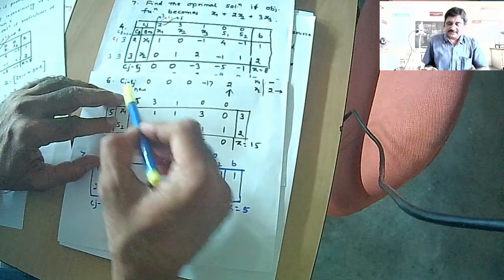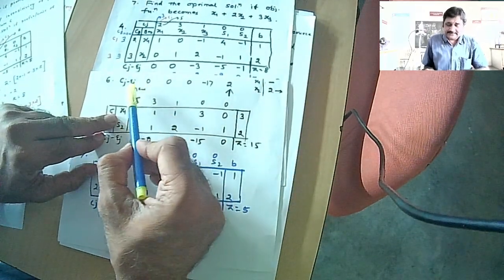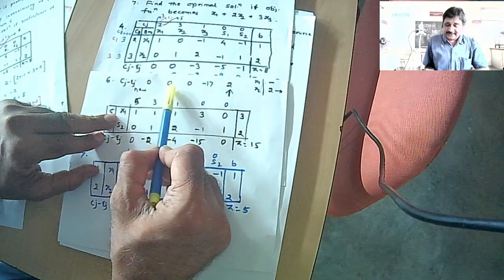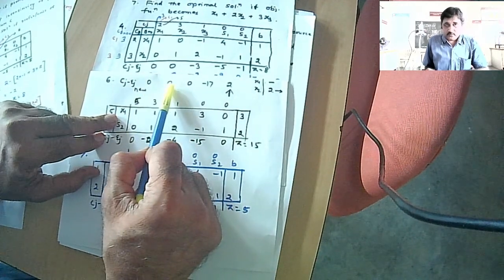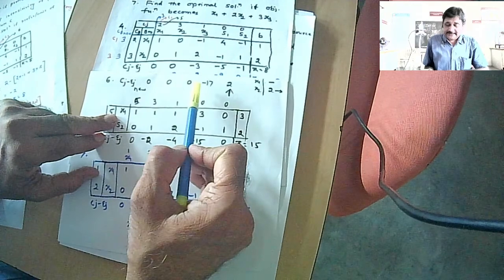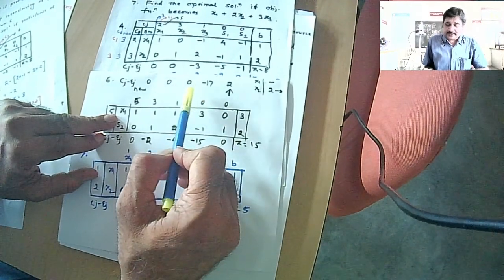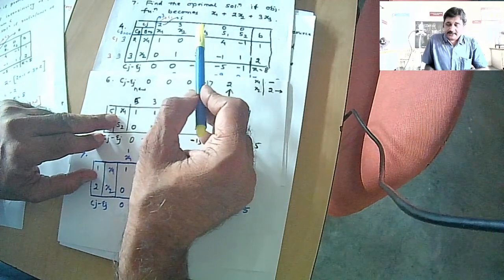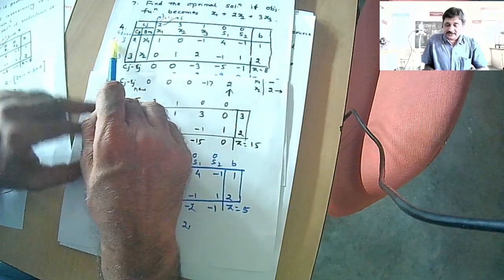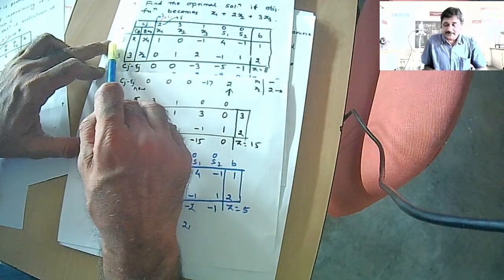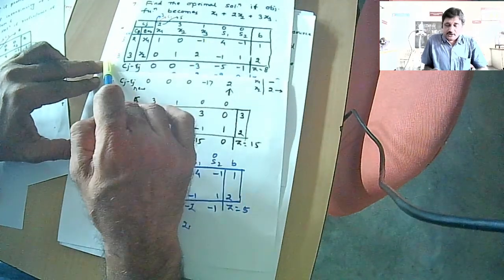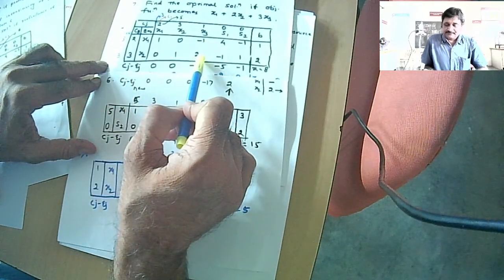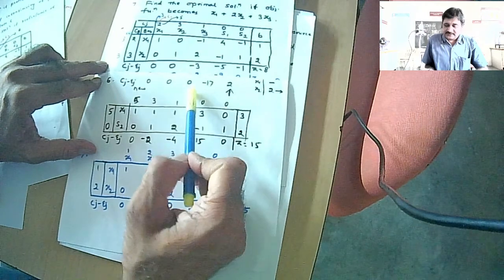For the sixth question, the things will turn like this: Cj minus Ej for x1 and x2 will remain 0, right? Then for x3, that is coming out to be 1 minus, this is now 5, 5 minus 5 plus 6, that is 1, 1 minus 1, 0.